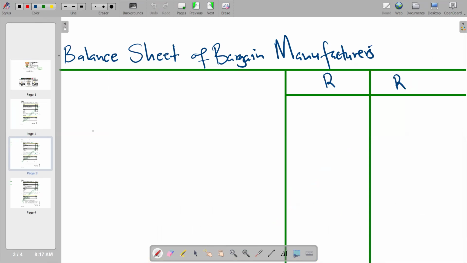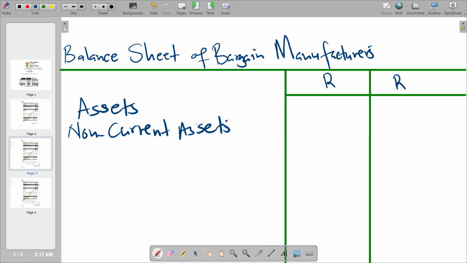So we are going to start on assets according to the layout that we have for preparation of the balance sheet. So we are going to start on the section of assets. And then, of course, we are starting with non-current assets. So for the non-current assets, we'll start with the description of the property, plant and equipment.